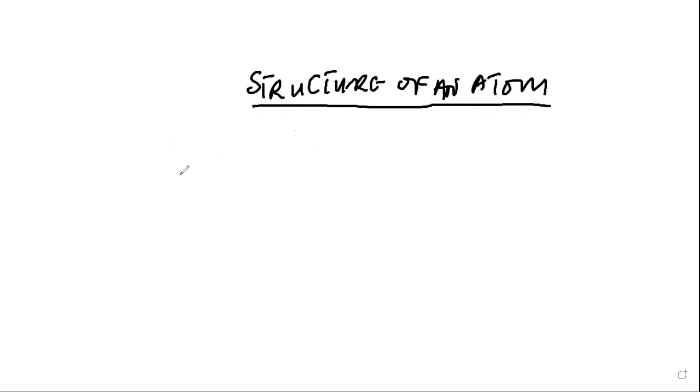All right, so we said a structure of an atom has got two major places. So we shall have that as our first place. Then we are also going to have that.